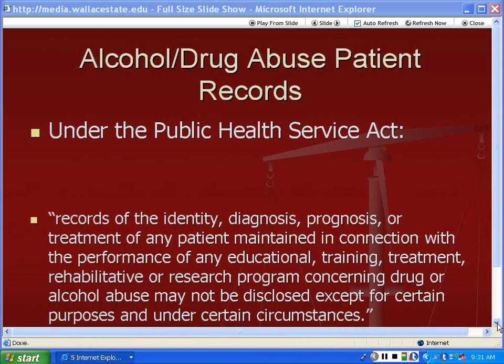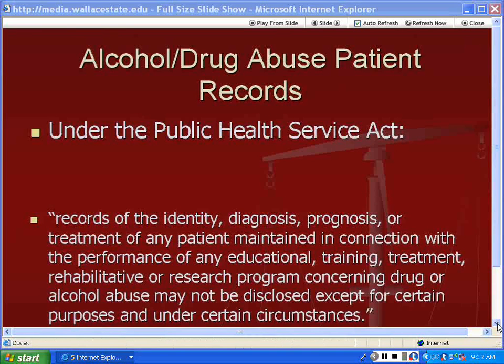Now, what the Public Health Service Act said about alcohol and drug abuse patient records is that any records of the identity, diagnosis, prognosis, or treatment of any patient maintained in connection with the performance of any educational, training, treatment, rehab, or research program concerning drug or alcohol abuse may not be disclosed except for certain purposes and under certain circumstances.